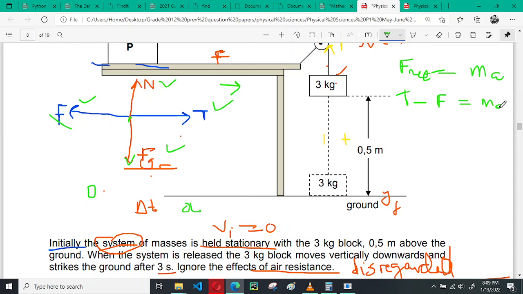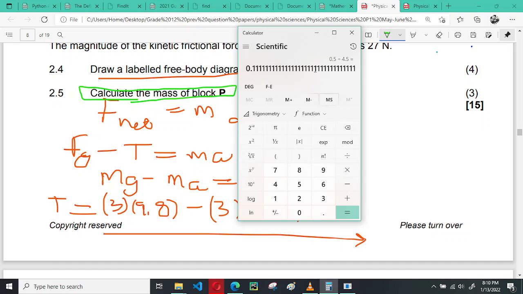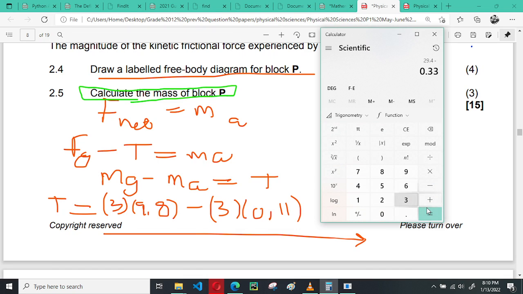We're not told what T is here, but you already know T from the question before. So I'm just going to compute this a bit faster so that we know the value of T. It's 3 times 9.8, and then subtract 3 times 0.11, which is 0.33, so our value of T is 29.07.